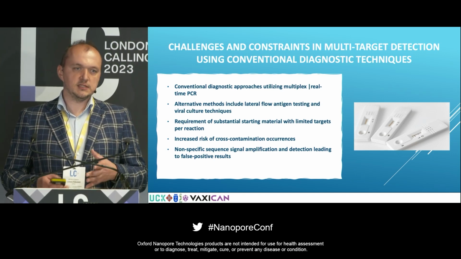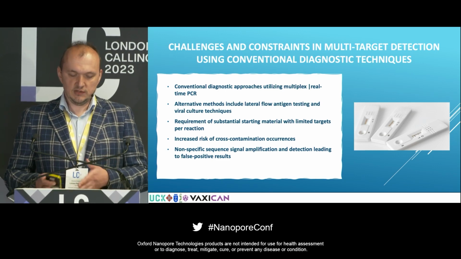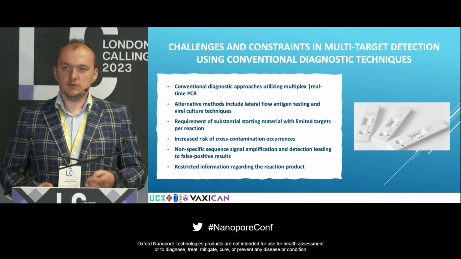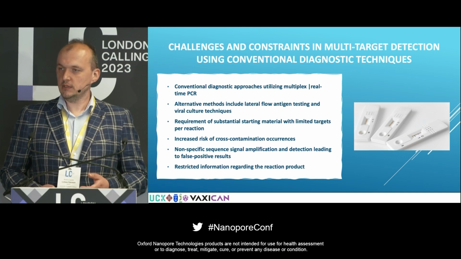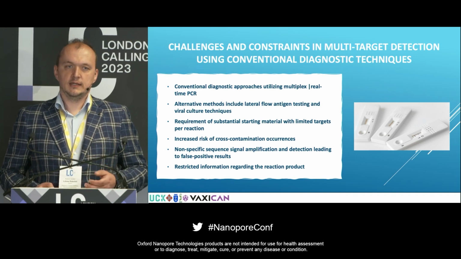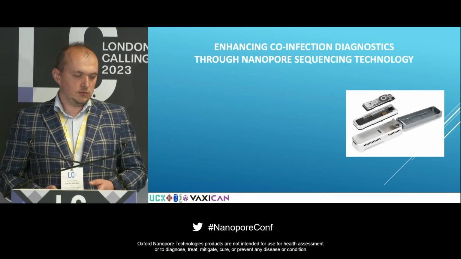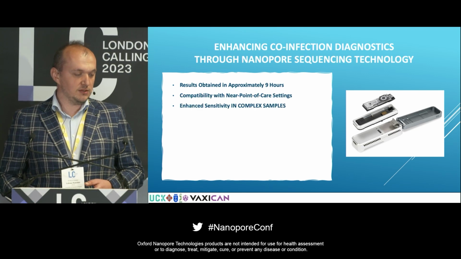You detect a signal that is multiplied through whatever technology you are using. Because of that, you have a lot of problems with false positive signals or amplification of unspecific products. To fight this, you can use sequencing, especially nanopore sequencing, of course.